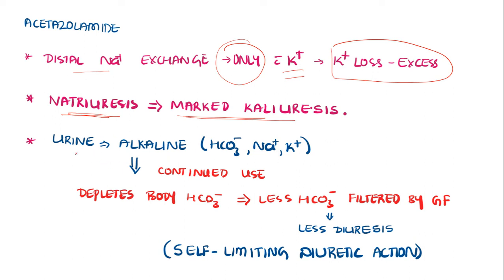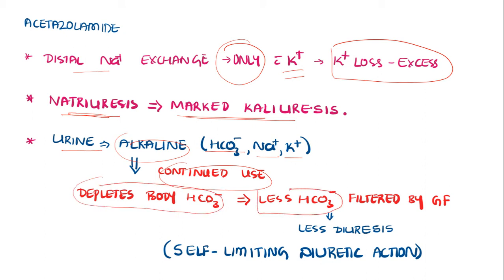Once it produces the loss of bicarbonate as well as sodium and potassium, the urine becomes alkaline. If the treatment is continued, it leads to depletion of body bicarbonate, so less bicarbonate will be filtered through glomerular filtration. The important point here is that the action of acetazolamide depends mainly on bicarbonate.